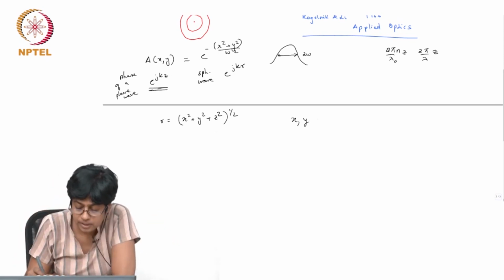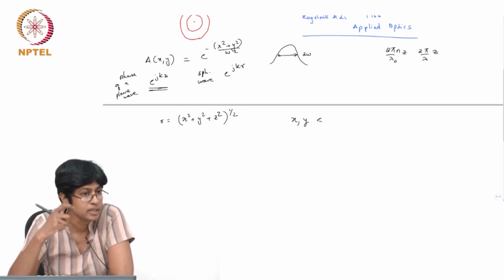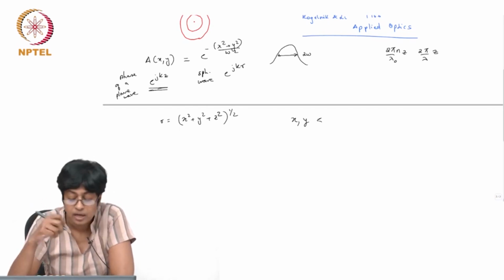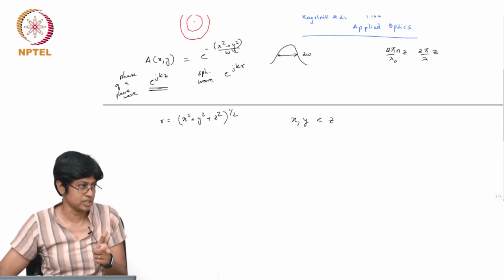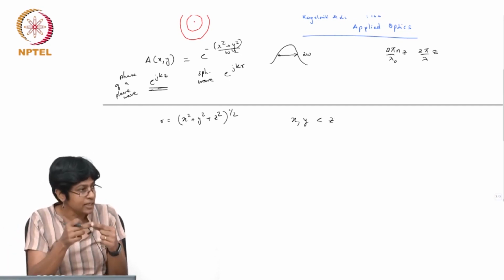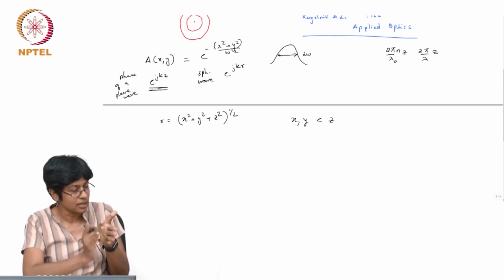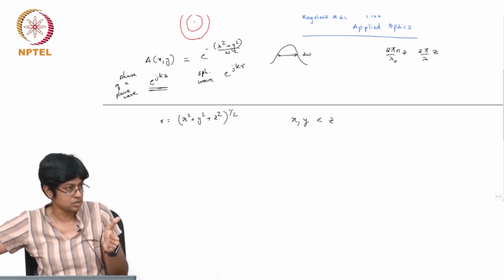So it's a good assumption to say that the variables x and y for our wave are much less than the distance over which the wave is traveling. The beam is spread over a very finite lateral distance, and those parameters are small compared to the distance traveled.